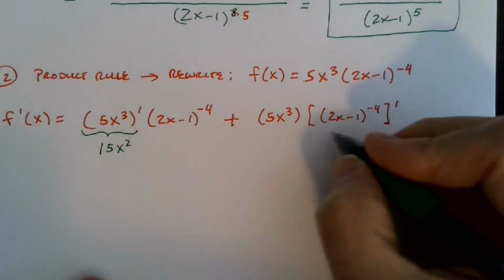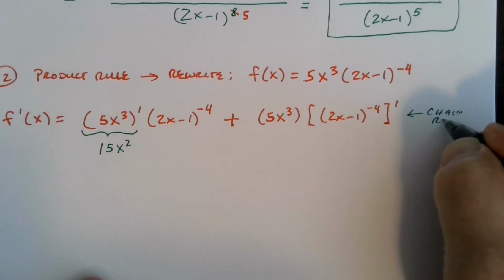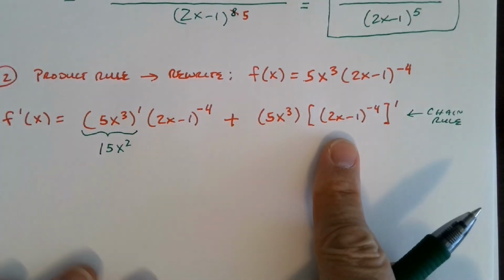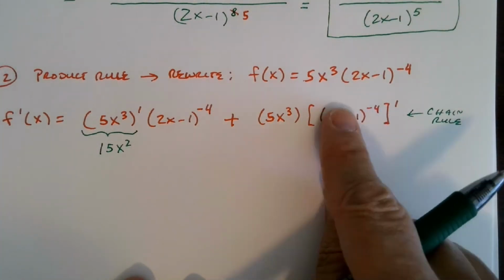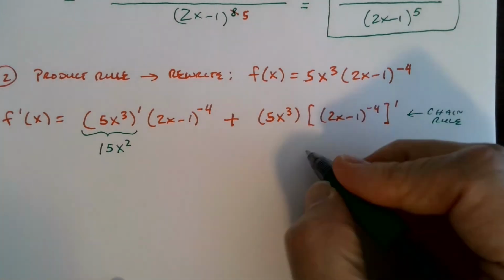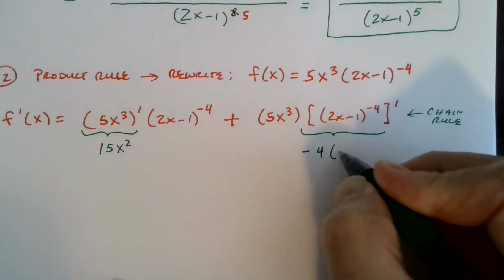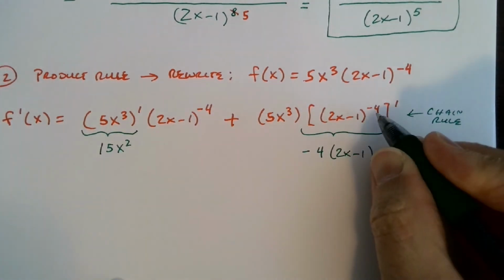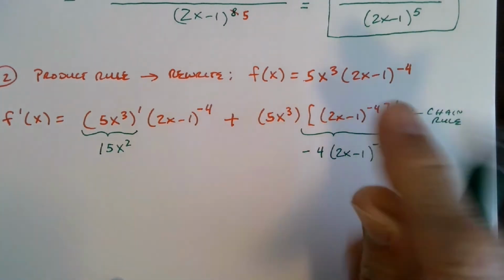Here is the chain rule, right? So here is the chain rule. Again, we can't get away from it. We saw it above. A little bit different form this time because instead of 2x minus 1 to the 4th, it's 2x minus 1 to the negative 4. But still, chain rule or generalized power rule. Bring the negative 4 down. 2x minus 1, subtract 1 from negative 4, negative 5, times the derivative of what's inside.